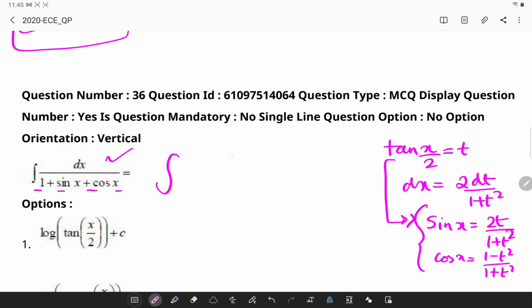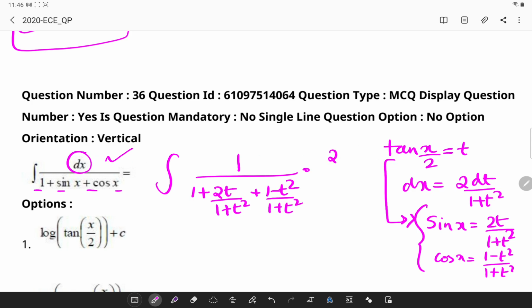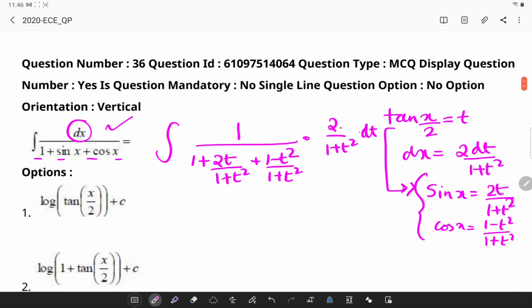So I will have the integral of dx, that is 1 divided by 1 plus 2t by 1 plus t square plus 1 minus t square divided by 1 plus t square, and I have dx, which I have to write as 2 by 1 plus t square into dt.